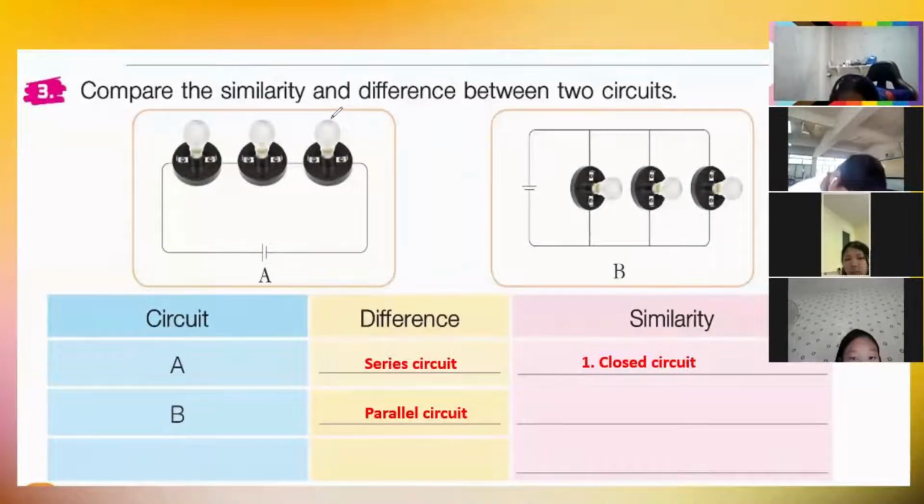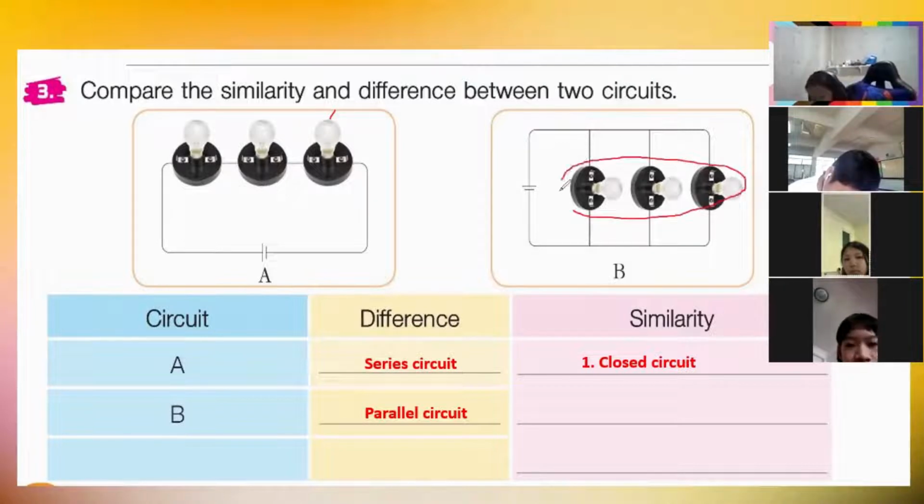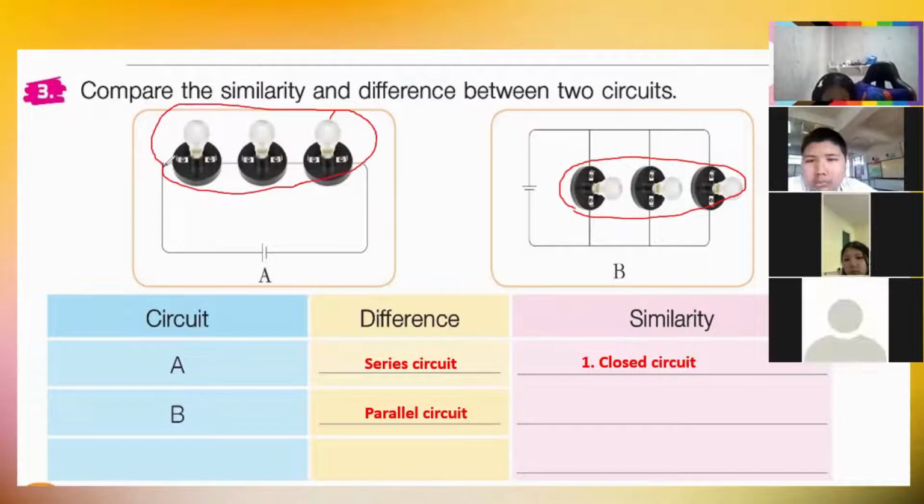How many bulbs are in circuit A? 3. How about circuit B? 3. So are they similar or not? Similar. Very good. So the other similarity is that circuit A has 3 bulbs and circuit B also has 3 bulbs.